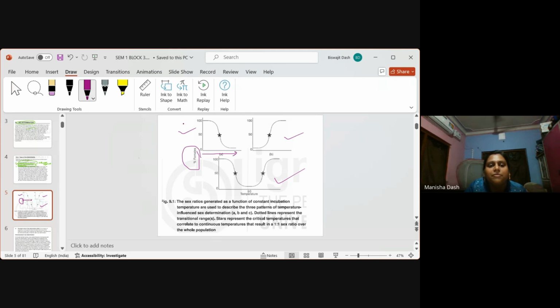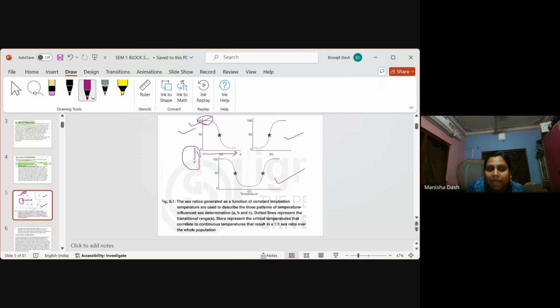In the first case, when the temperature is low, the percentage of female is 100. That means if the eggs hatch in a low temperature environment, all the offspring will grow into females. Now, as the temperature gradually increases, you can observe a shift in the percentage of females.